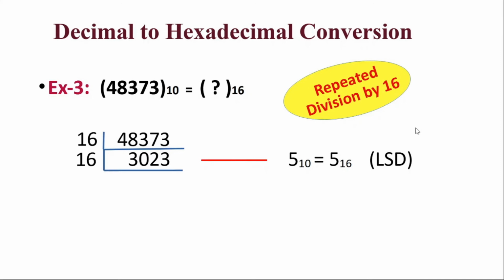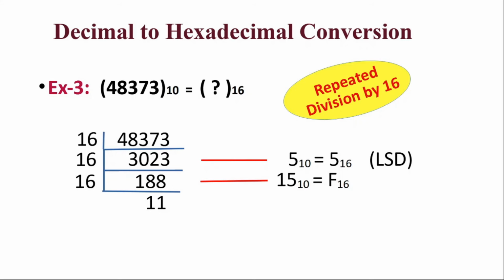After the second division operation, we get 188 as the quotient, and remainder is 15. This 15 in decimal system is equal to F in hexadecimal system. Next, after this operation, we get 11 as the quotient and the remainder as 12.